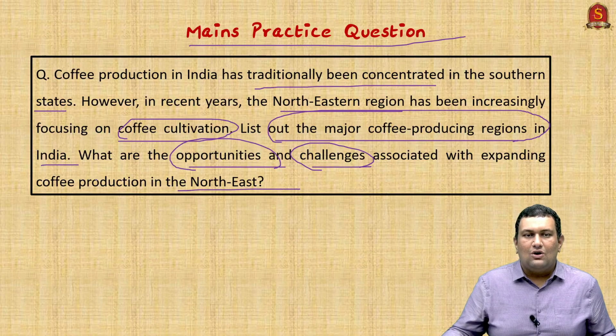You can draw these regions in the map itself. Second part is about opportunities of coffee production in the Northeast. You can mention that you have a favorable agroclimatic region. It will also provide alternate employment, generate employment, and it has a linkage with Southeast Asian nations, etc. In challenges, you can mention that it is prone to frequent heavy rainfall.